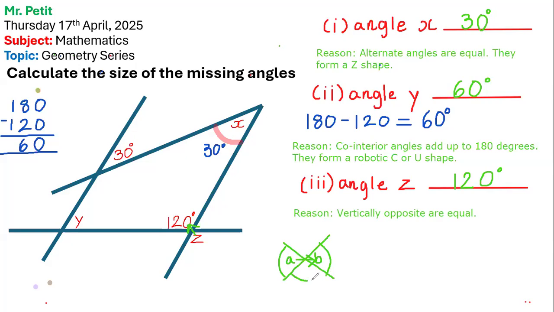Same thing with C and D. So A and B are vertically opposite and C and D are vertically opposite as well. That means Z has to be 120 degrees, because vertically opposite angles are equal. So Z is 120 degrees. That's very important for us right now.